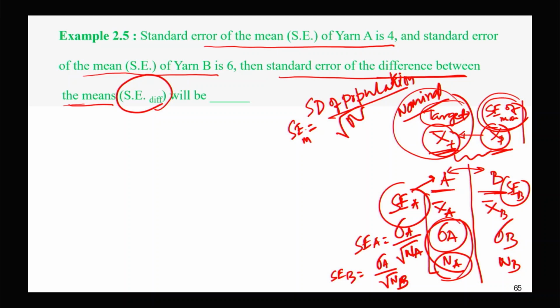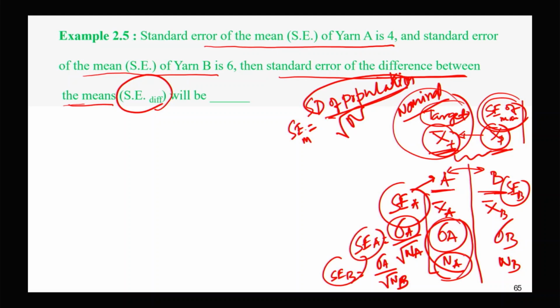But if you don't have the population data, then for simplification we can use the standard deviation of the sample also. If the population data is not available, we use this standard deviation. But these are the individual standard errors.